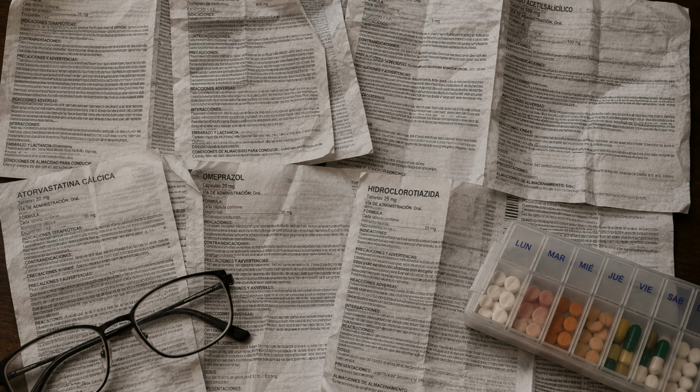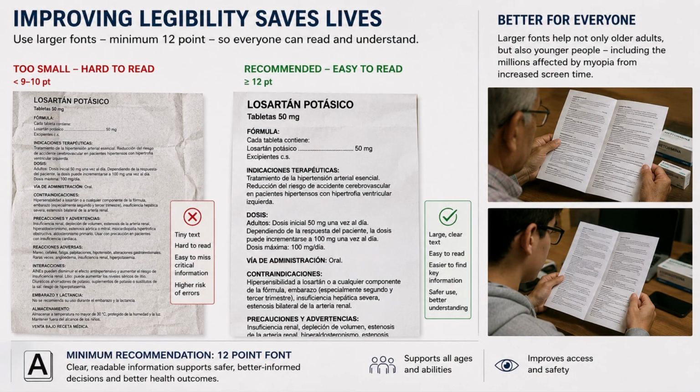To improve legibility, leaflets should use larger fonts with a minimum size of 12 points, ensuring the text is readable for most people, including those with mild visual impairments. This would benefit not only older adults but also younger people increasingly affected by myopia due to screen use.